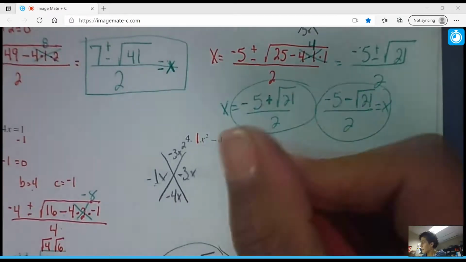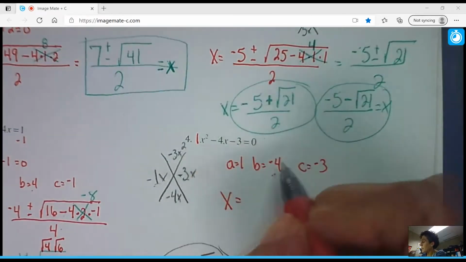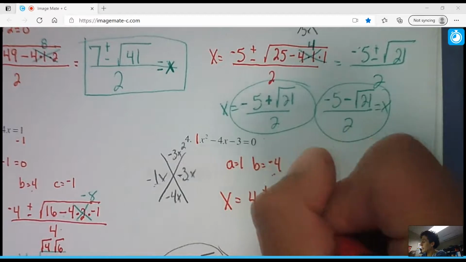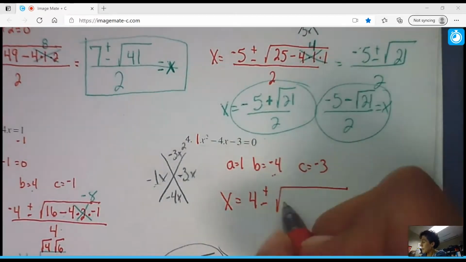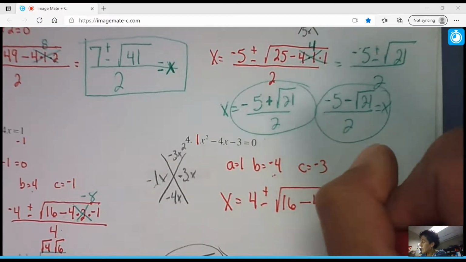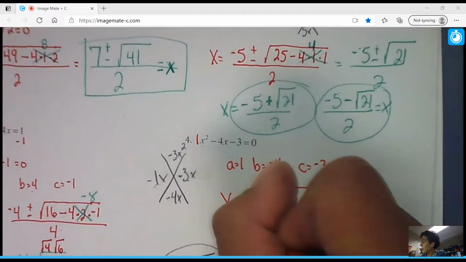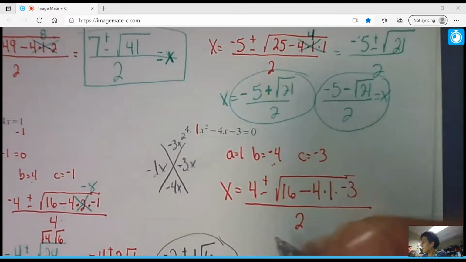And now I'm going to sing my song to solve for x. So x equals opposite of b, so I'll put 4 plus or minus square root. I'm going to take b and square it, so negative 4 times negative 4 is 16, minus 4 times a times c, and then all of this is over 2 times a. So I'm going to go ahead and just do 2 times 1 in my head.